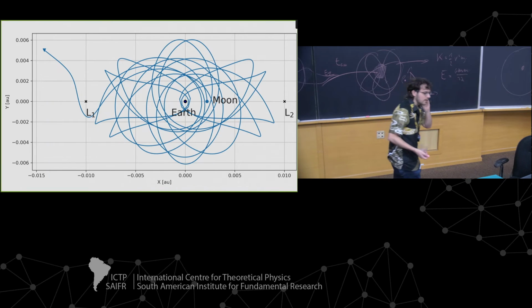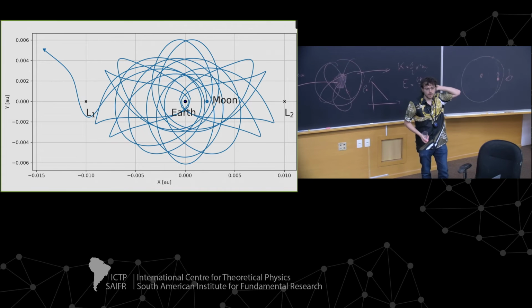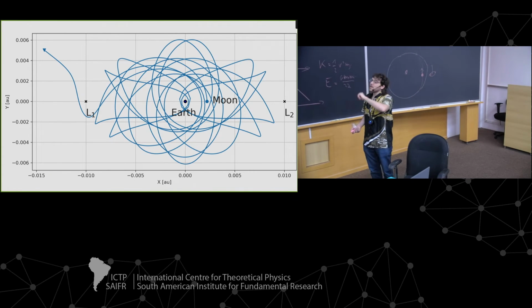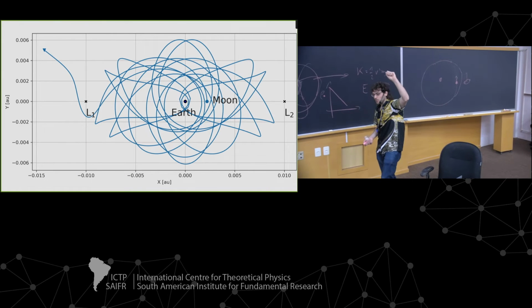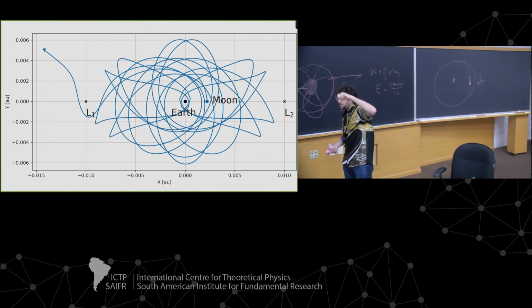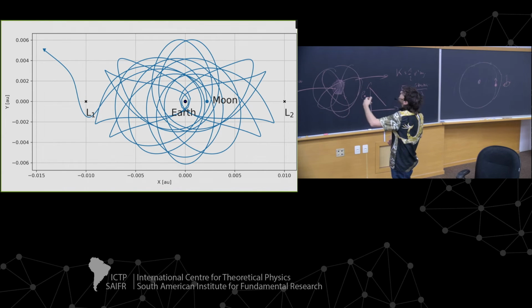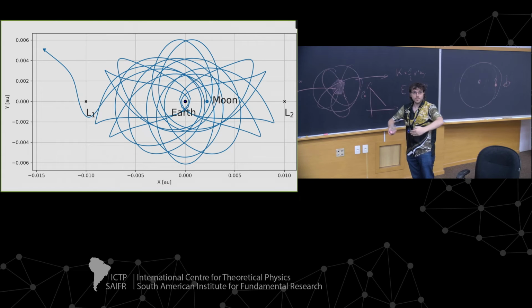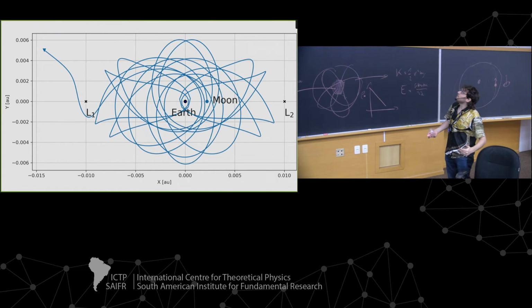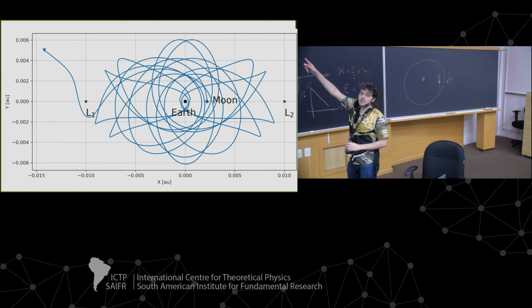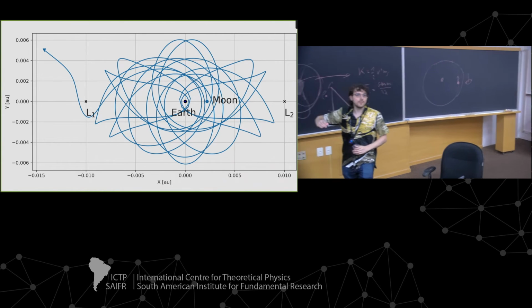Yeah, this is an example of the tidal barrier that I was talking about. So if you take the moon and you give it a kick, it will escape eventually. You know, it will escape from the Earth. But before escaping, it will explore the tidal barrier, so the Hill sphere of the Earth, because it tends preferentially to escape from the Lagrangian point, where the energy is the lowest.